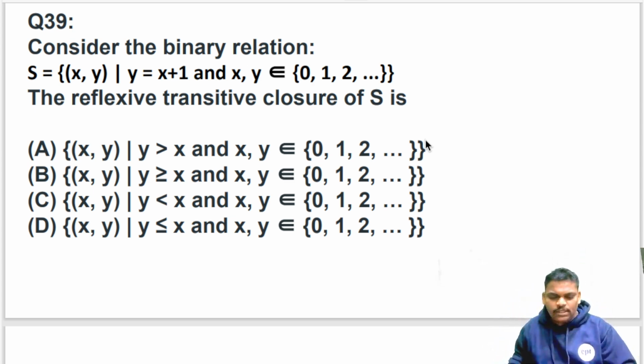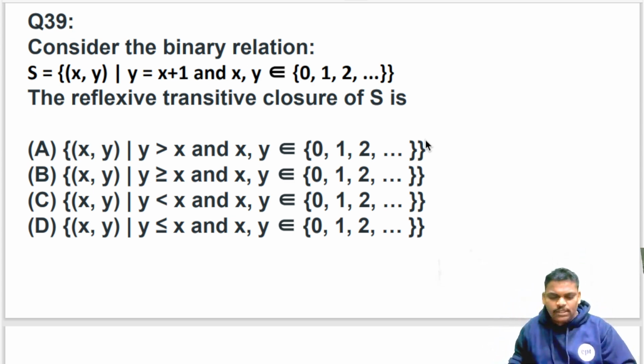Let's see, (0, 1) starting with 1, anyone? Yes, (0, 1), (1, 2), the 1s cancel, so (0, 2) is required. Next, (1, 2) starting with 2, no one. So this is the transitive closure.